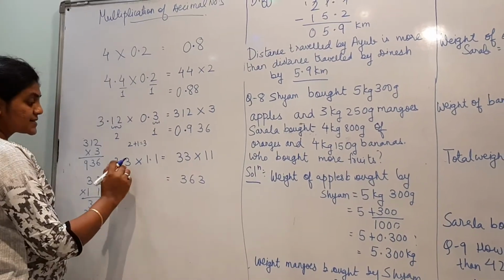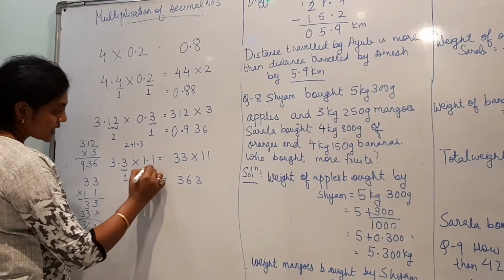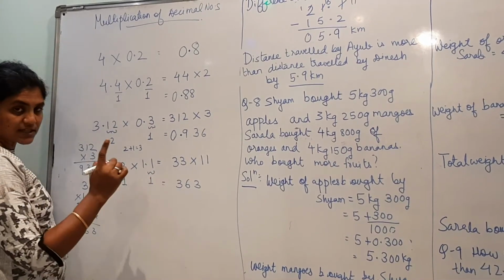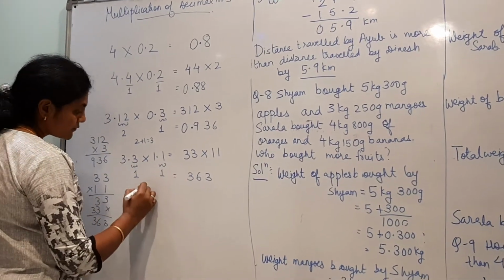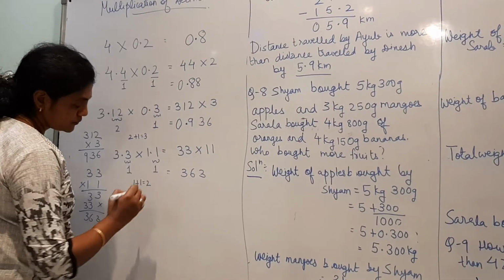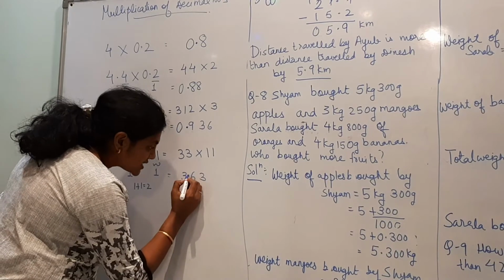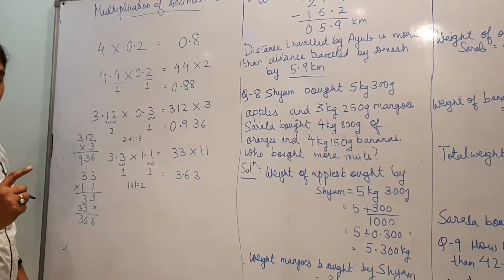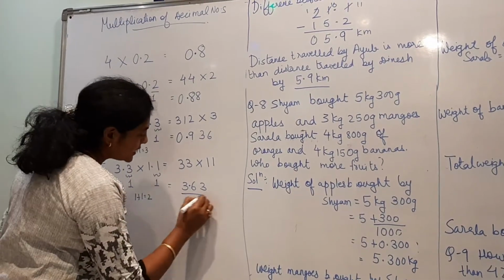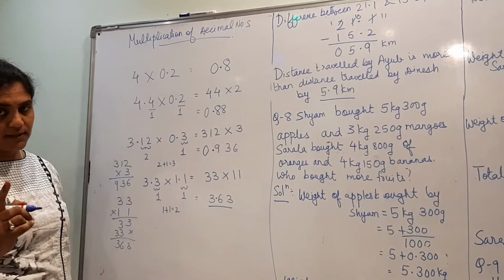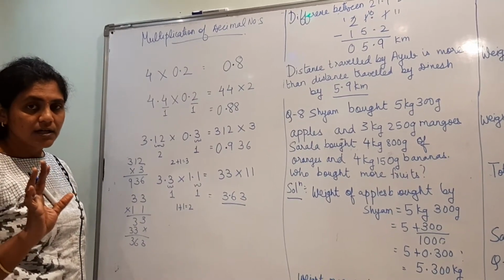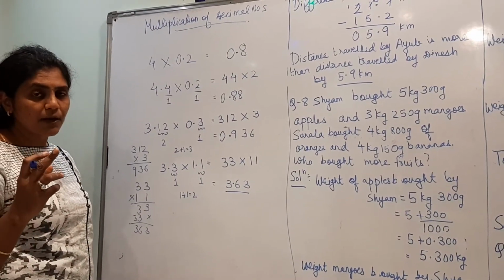Now after decimal 1, after decimal 1 digit is there. Add it. 1 plus 1 is 2. So in your answer, before 2 digits, decimal will be there and answer will be 3.63. Correct? Recap.